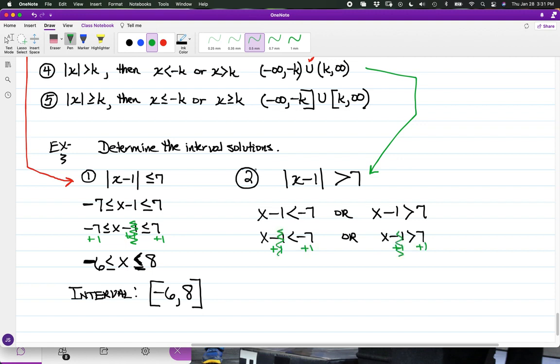So for x minus 1 is less than negative 7, x is less than negative 7 plus 1, so we have that x is less than negative 6, or it could be at the other end of the spectrum that x is greater than 7 plus 1, and so we're going to have that x is greater than 8.